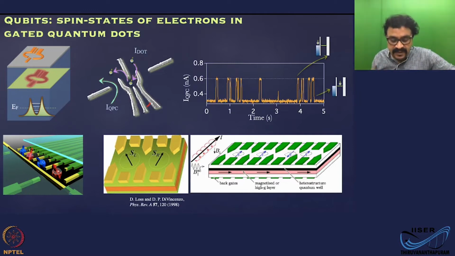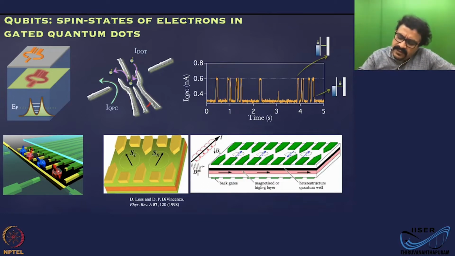That is the idea. And this is an artistic view of how this architecture is going to look. You have an array of electrons trapped, and you have readout devices such as a quantum point contact for each of these. Okay, so that is the idea. This is proposed by Loss and DiVincenzo.